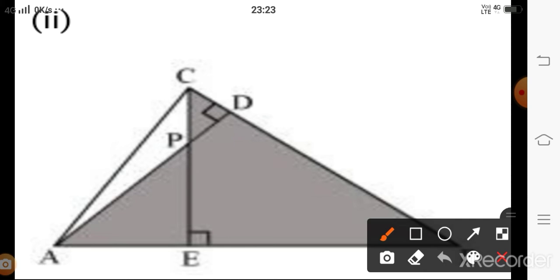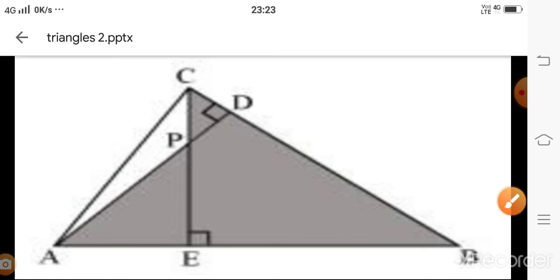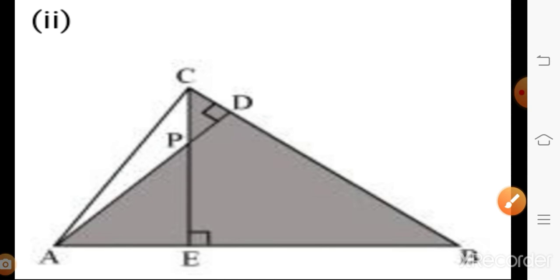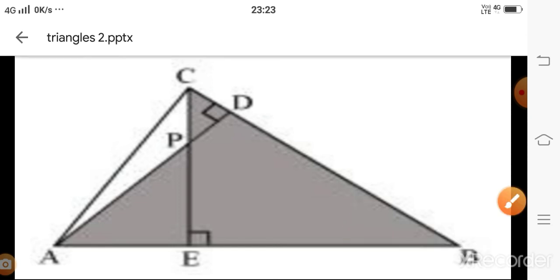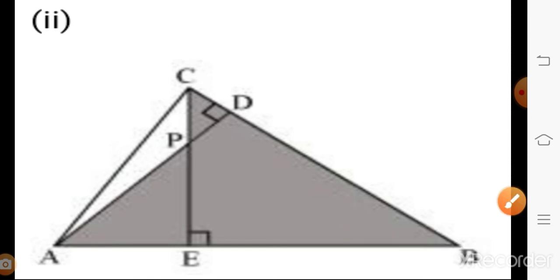ADB and BEC, these two triangles we have to show similar. What we are observing in these two is angle B, the common angle. In both triangles we are getting this angle B, and these two angles are of 90 degrees.